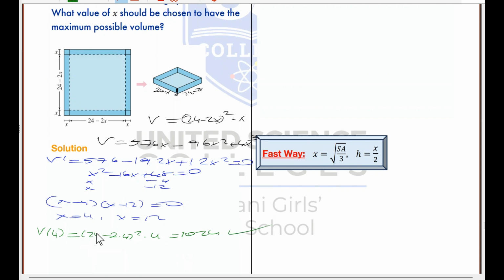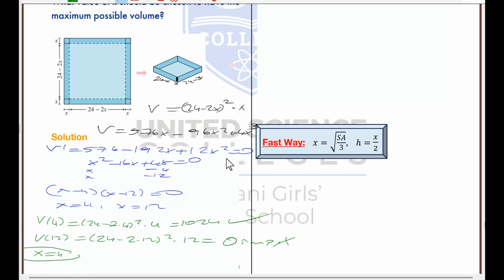Yes, it's possible. What about 12? Is 12 possible for this volume? Let's put it inside the equation. 24 minus 2 times 12, squared, times 12, which will become 0. That's impossible. So we cannot have 0 volume. So my answer is only 4. x equals 4 makes the biggest volume for this open box question.